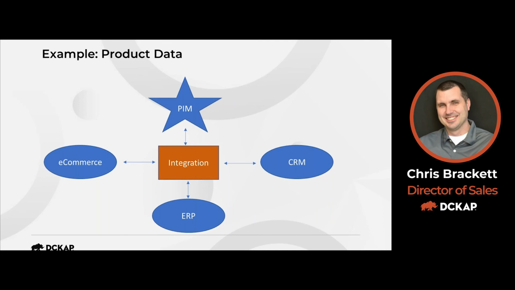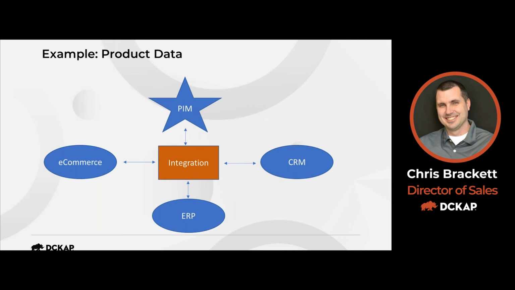can be really, really important, even in situations when it just comes to your e-commerce solution, because maybe you've got SEO specialists or people like that who need to have access to that product data, but you don't want to give them access to the back end of your e-commerce, right? You give them access to the PIM, they have access to what they need, they can make and update the changes, and that SEO information can then be pushed to your e-commerce solution or your ERP, or sometimes even multiple e-commerce solutions.